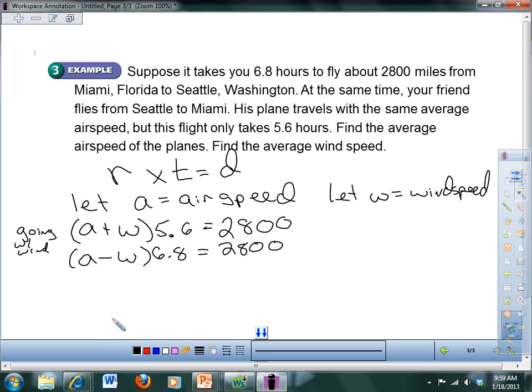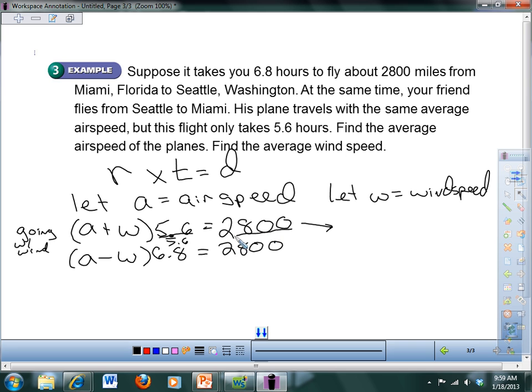Yeah? No? Okay. So now the way to solve this, you could distribute and then try to use elimination and stuff like that. But the best way, this is kind of a trick here, okay? What you want to do is take this equation and divide it first by 5.6. And I'll show you why that works, okay? So I'm going to divide everything by 5.6.